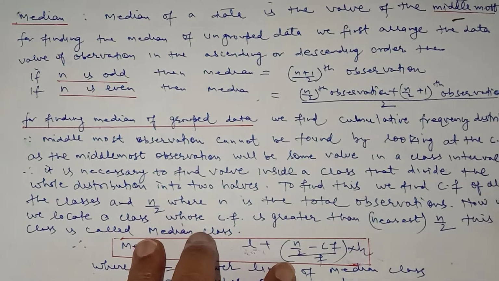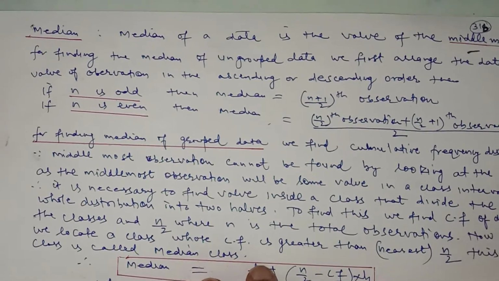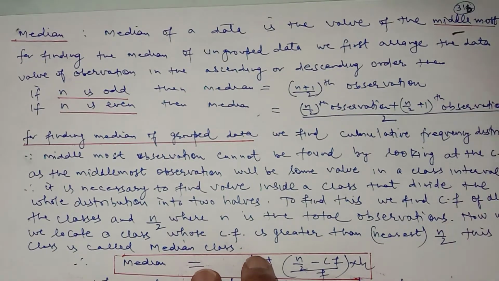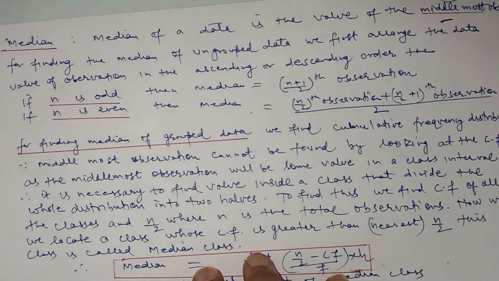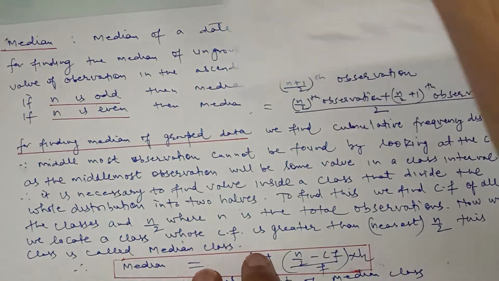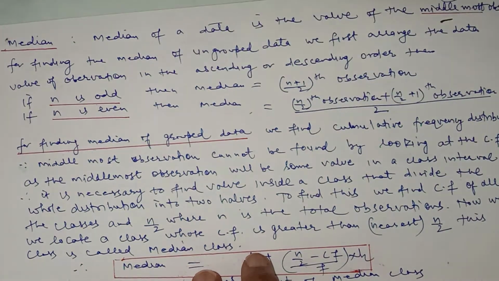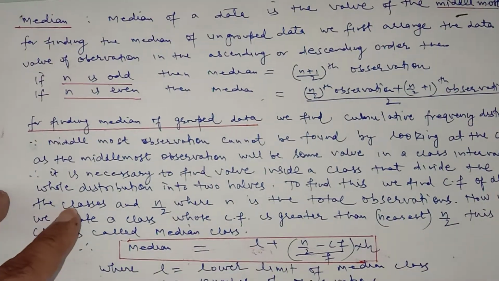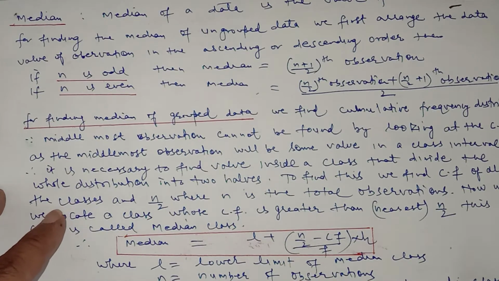If it is ungrouped data, arrange it in ascending or descending order, and if it is grouped data with class intervals, first of all find the median class.